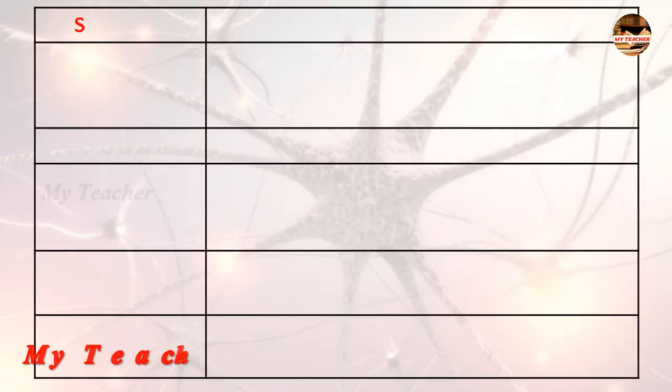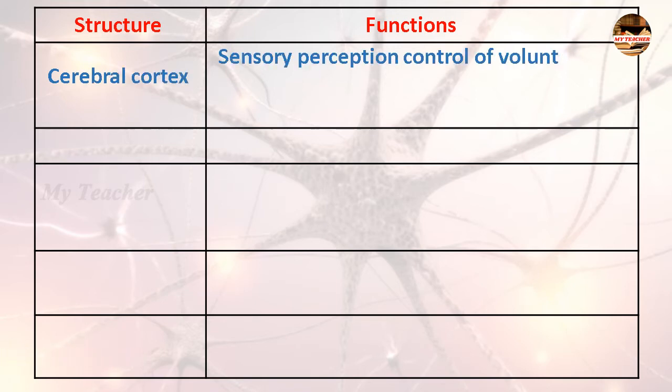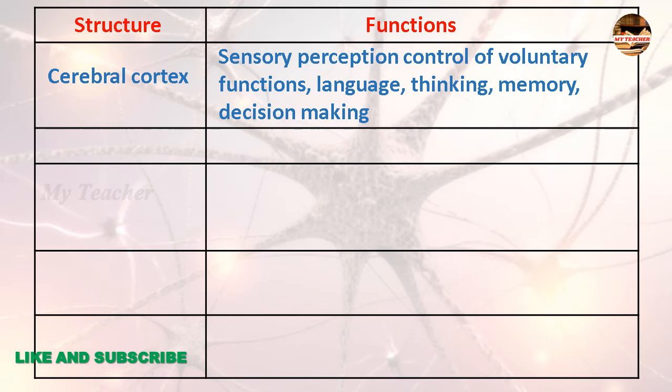Let us discuss the structure and function of parts of brain. Cerebral cortex: sensory perception, control of voluntary functions, language, thinking, memory, decision making. Thalamus: act as relay station.